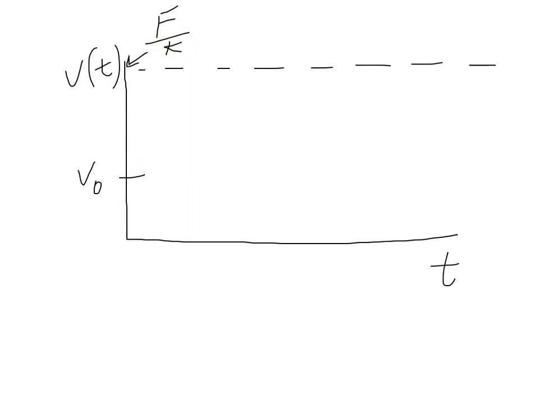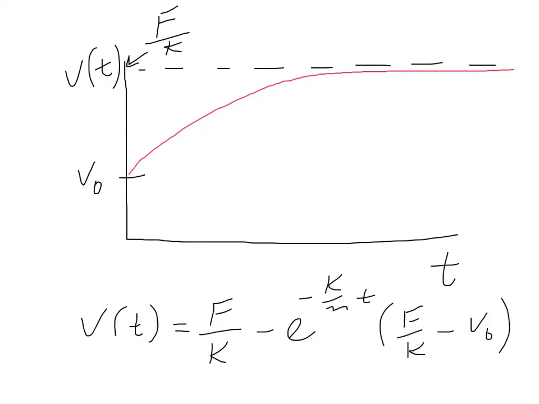So it starts up and gets to this F over K with an e to the minus t. It's going to be an asymptotic approach because of the e to the minus t. So we can reasonably assume that the graph looks like this, with this e to the minus t form. In fact, our velocity versus time equation is true.